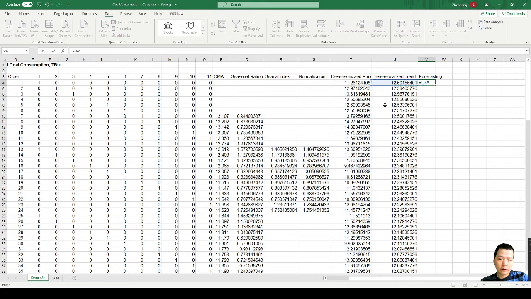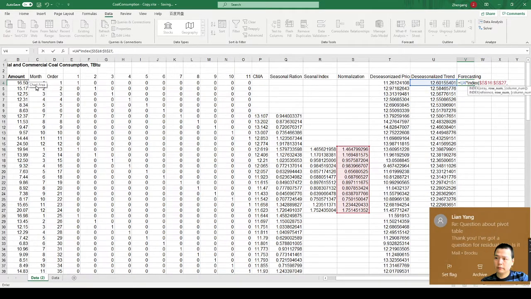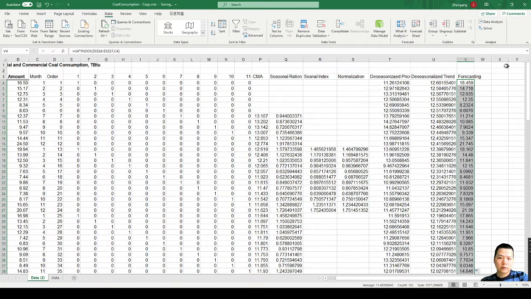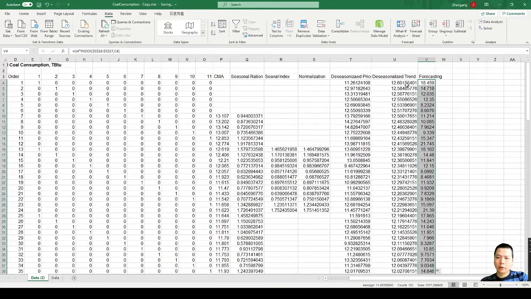This one times the index. Yep, this is the forecasting we have. Remember, you can use the regression model from the data analysis tool to replace this trend function here. That's the same as what we did before.